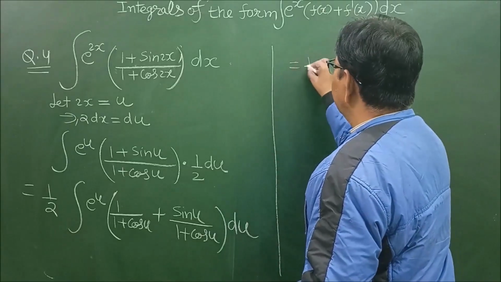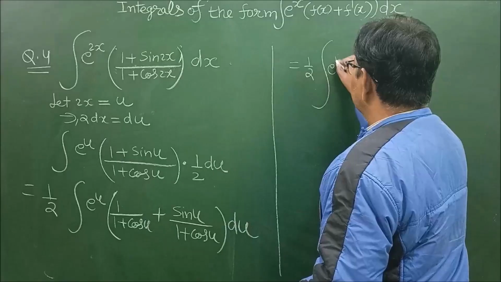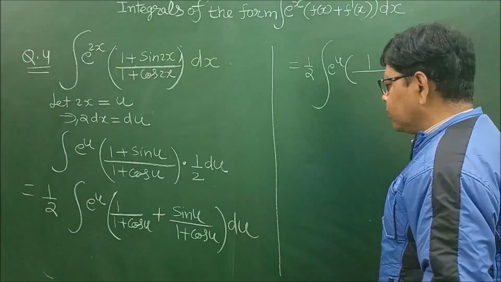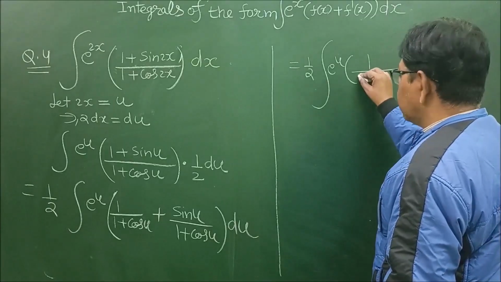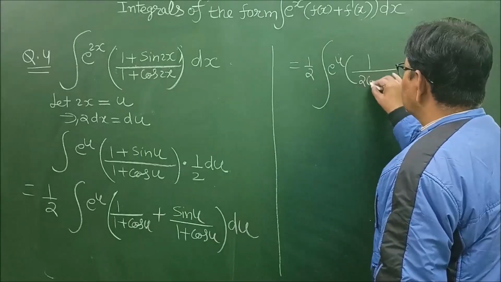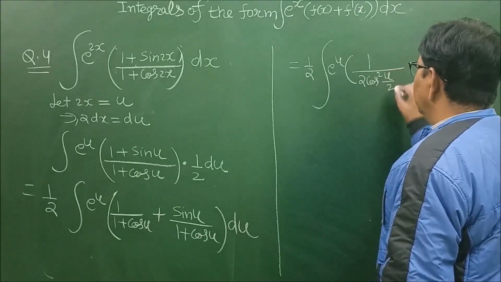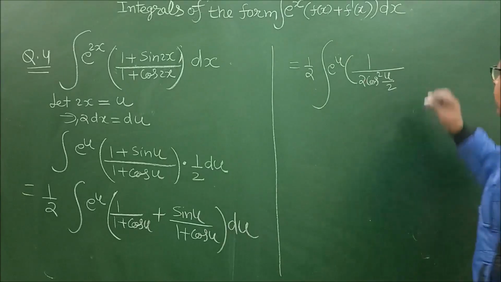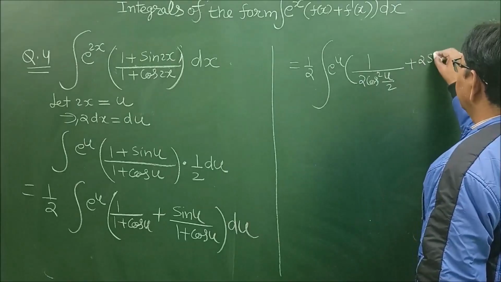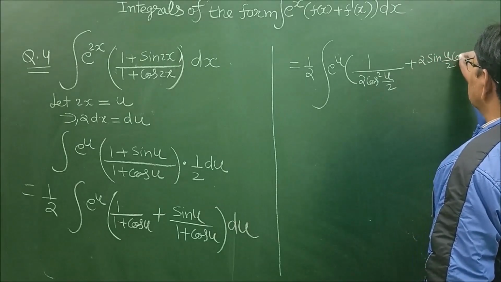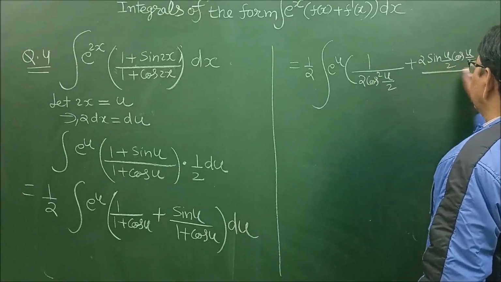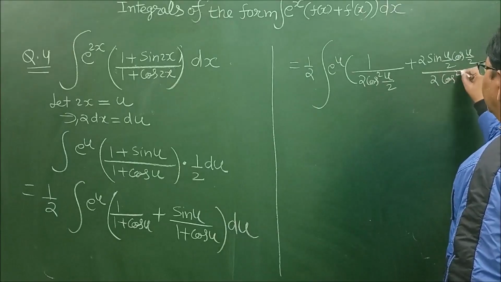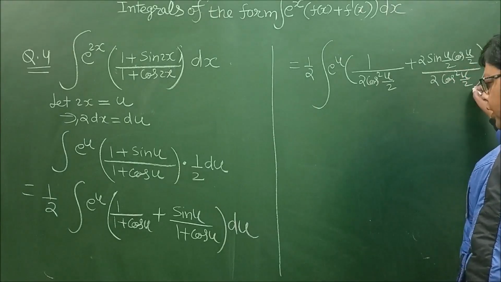Now using trigonometry to simplify it, this is equal to half e raised to the power u into 1 upon (1 plus cos u). 1 plus cos u is equal to 2 cos square u by 2, because cos u is equal to 2 cos square u by 2 minus 1, 1 gets cancelled, plus 2 sin u by 2 cos u by 2 divided by 2 cos square u by 2, du.